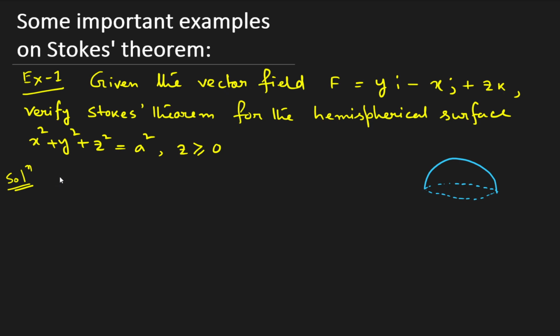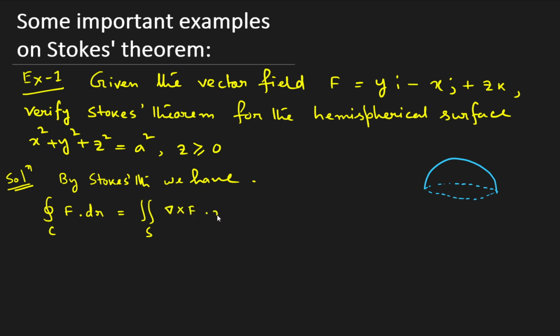Now what is Stokes theorem? By Stokes theorem, we have closed integration over C of F dot dr bar, so you can write F bar and dr bar, equals double integration over S of nabla cross F dot n cap ds.